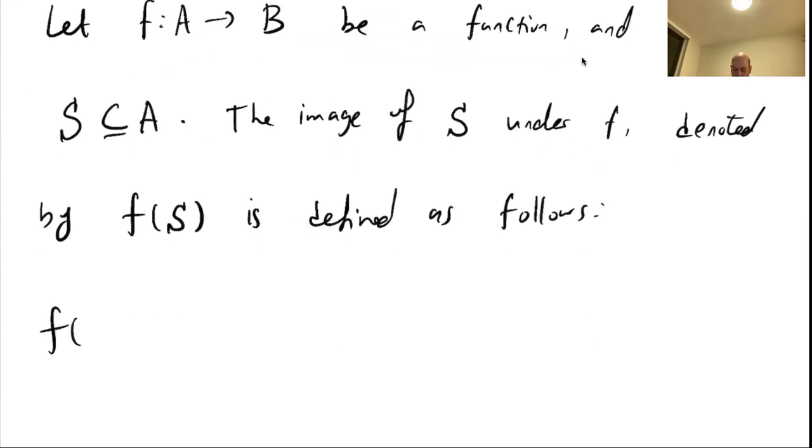So f of S is defined as the set of all elements of the form f of a, where a comes from S.